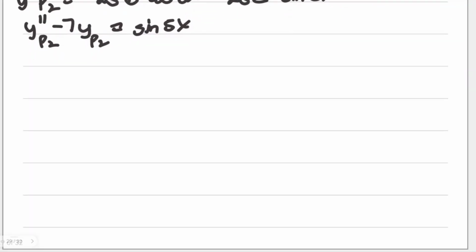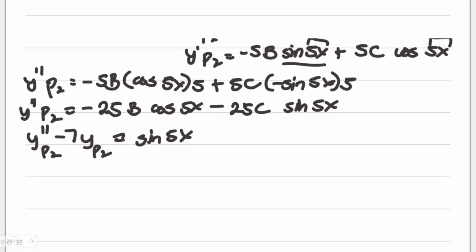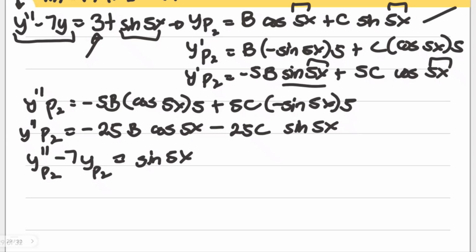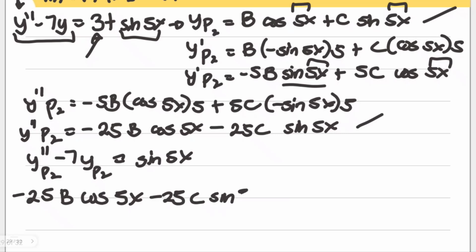I have here for y sub p sub 2, for our second derivative, negative 25b cosine of 5x minus 25c sine of 5x.